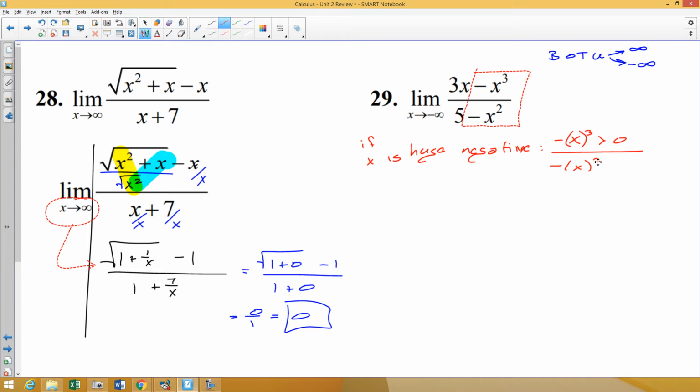Well, if you square anything, it's going to be positive, but the negative in front will make that negative. So we have a positive divided by negative, which means this thing is actually going towards negative infinity. This function is going down forever. You just have to determine the sign of the fraction, and for these infinite limit ones, the highest power of x, that term is what's determining whether we are going to be going up or down.